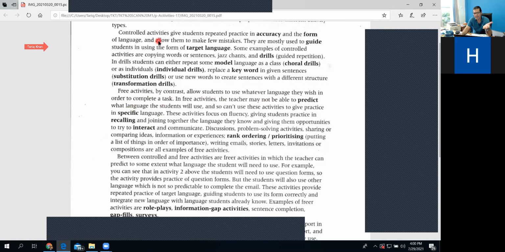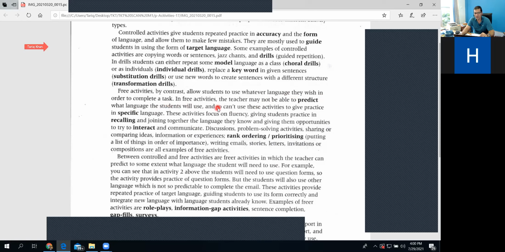Now, we discussed the above one, control practice activity. Here, the students are controlled to use the language. But by contrast, totally opposite of it, is the free activity, in which what happens? It allows students to use whatever language they wish in order to complete a task.